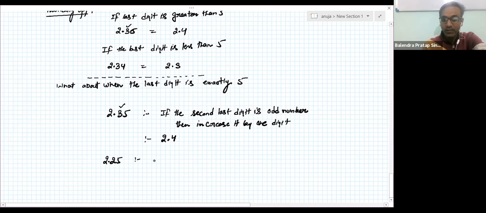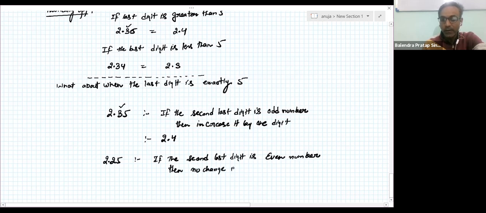So if the second last digit is an even number, then no change in the second last digit. So the answer in this case is 2.2. Okay.